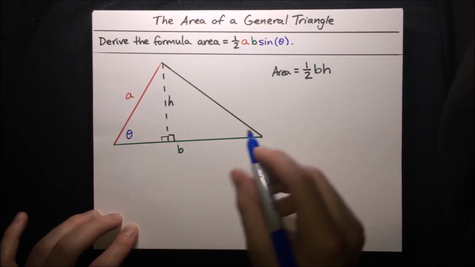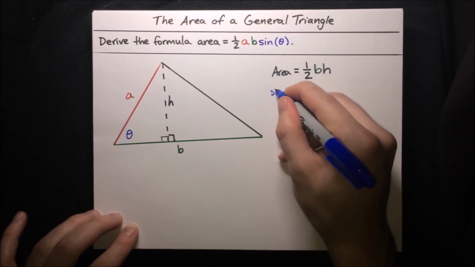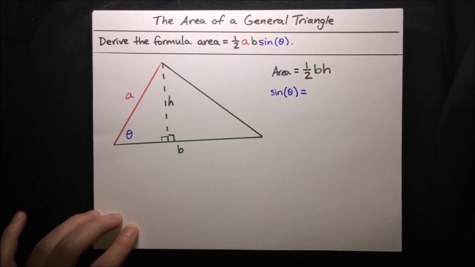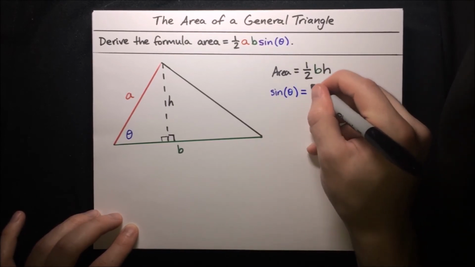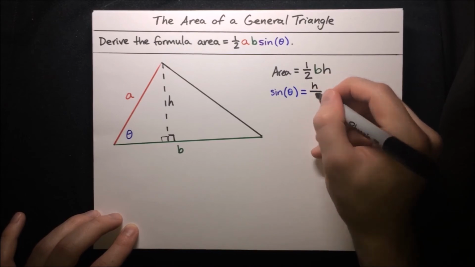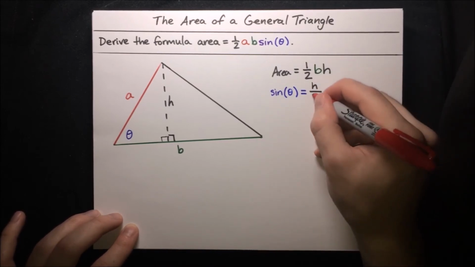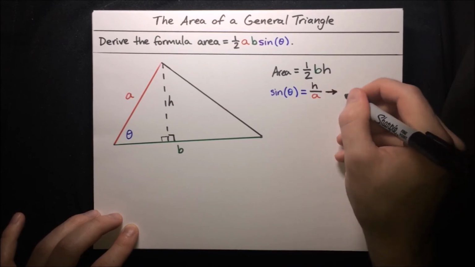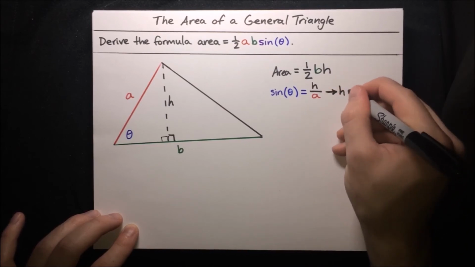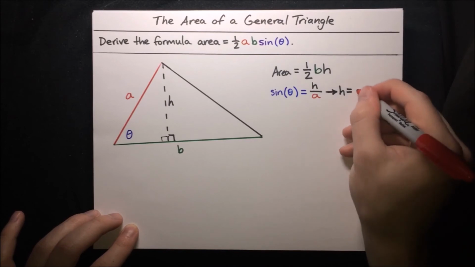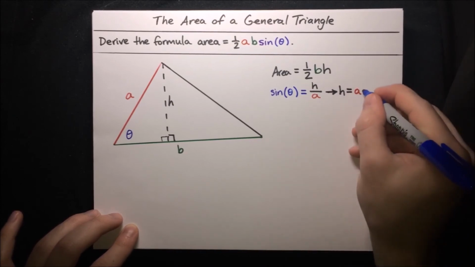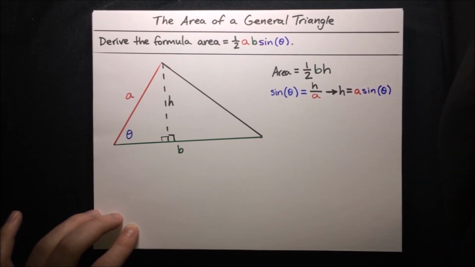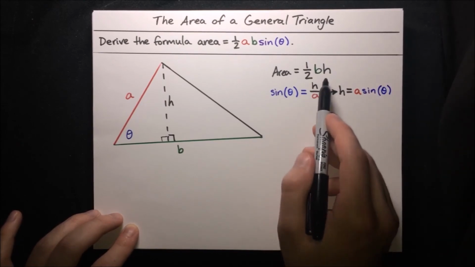Well, that's just sine. So we can write down that sine of theta is equal to opposite over hypotenuse. So h is the opposite, and then over hypotenuse is a. So solving that equation for h, we can just multiply both sides by a to get h equals a sine theta.